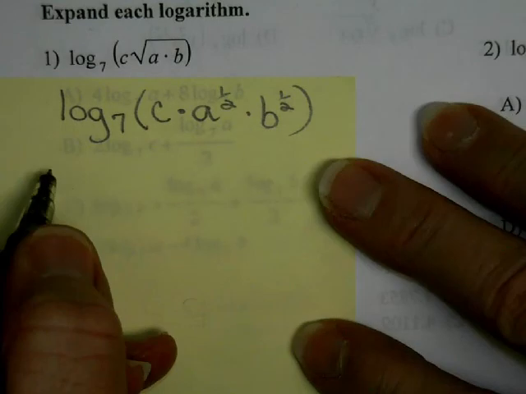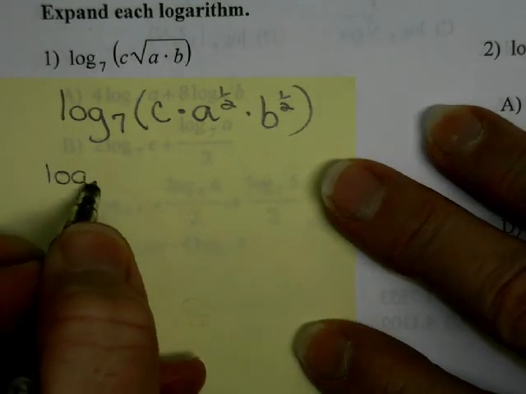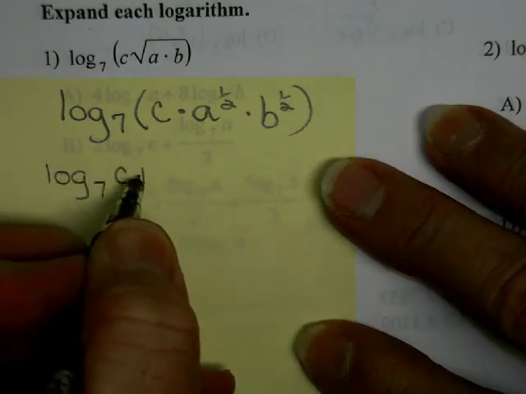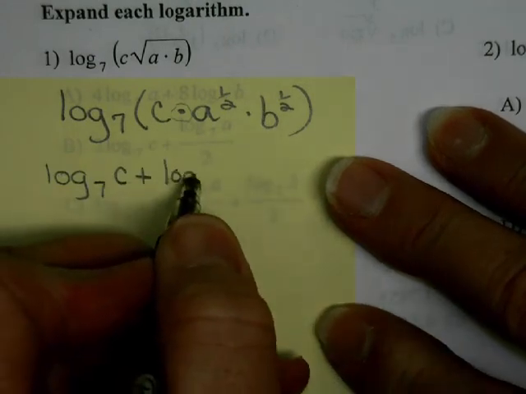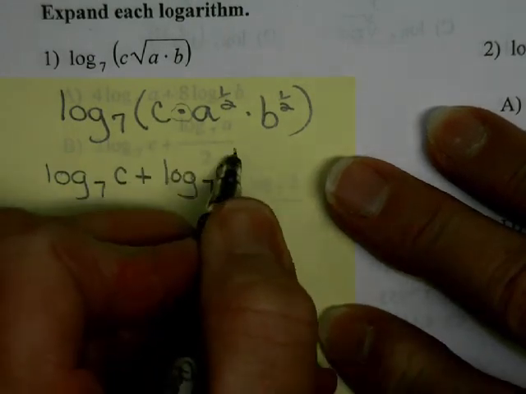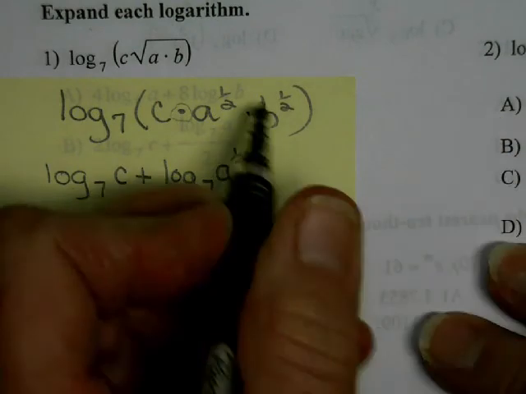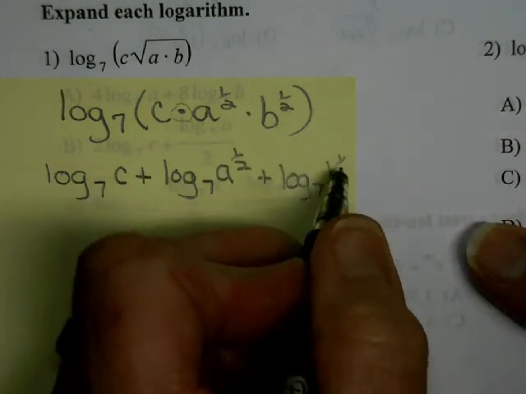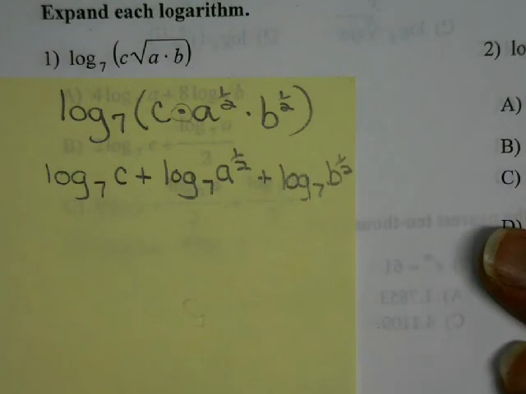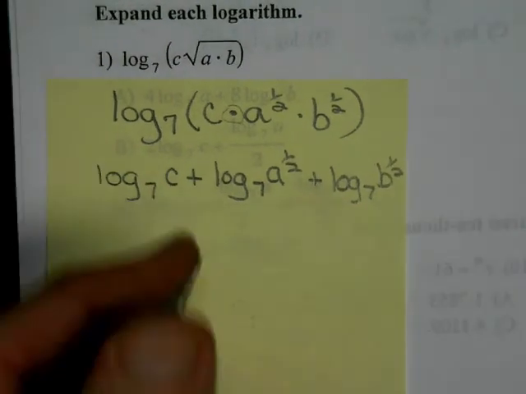So this really means log base 7 of c plus, multiply turns into add, log base 7 of a to the 1/2 plus log base 7 of b to the 1/2. So far, that's a multiply means add.